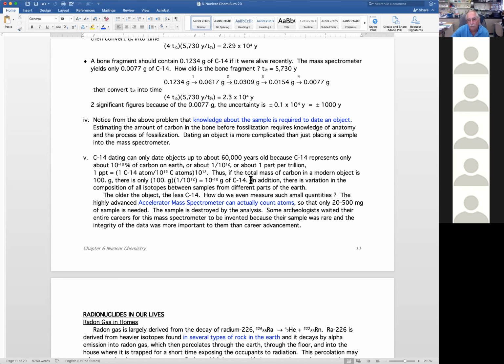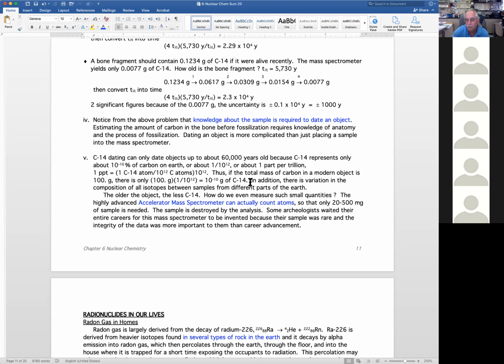So if the total mass of carbon in a modern object is 100 grams, there's only 10 to the minus 10th grams of carbon-14 in it. And the older it is, the less carbon-14 there is. See the problem?